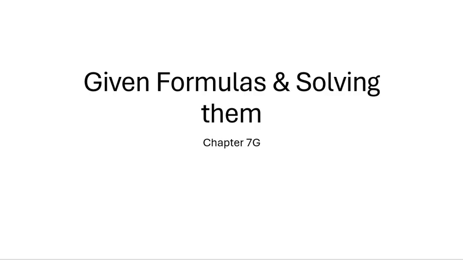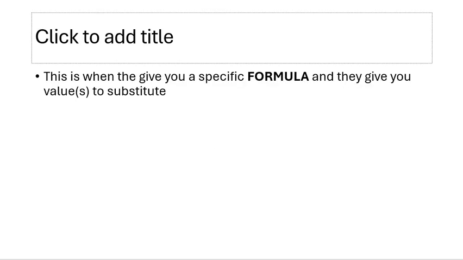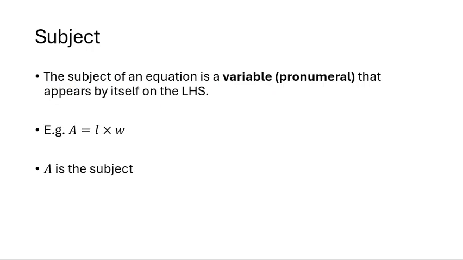So do 7G, given formulas, solving for them, okay? It's pretty simple once you figure out what the intentions are, but I'll just talk it over briefly. So this is when you're given a specific formula. And then they also give you values to substitute in, okay? So what is a subject anyway?